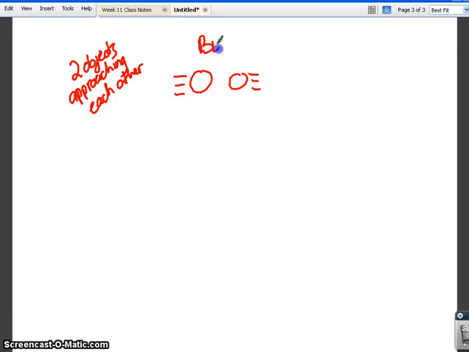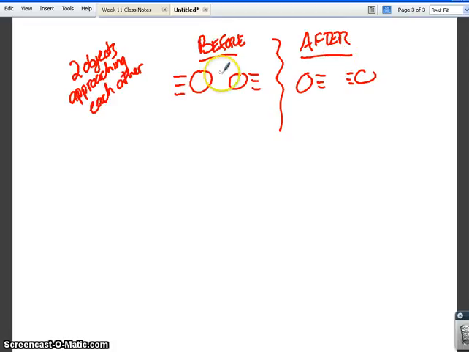This is before, and this is after. They're coming together, they hit, they go apart. Object 1, object 2, object 1, object 2. Same thing. I'm going to call to the right positive. Therefore, object 1 is positive velocity, object 2 is negative velocity.